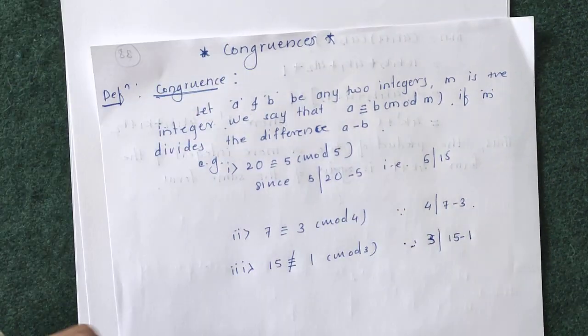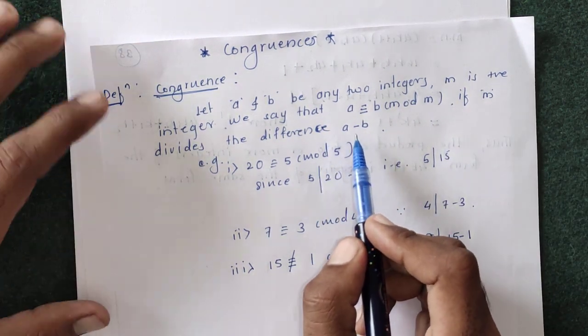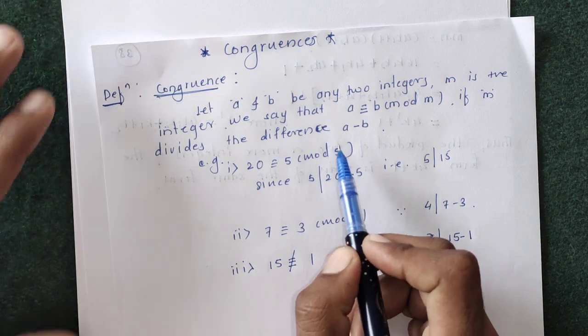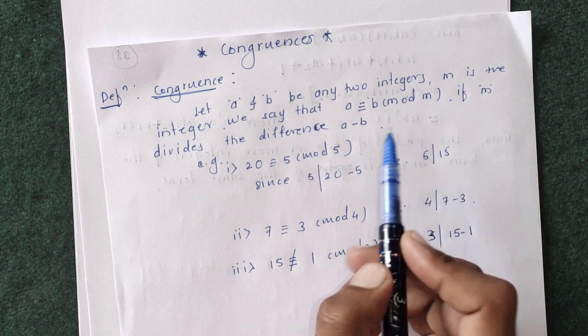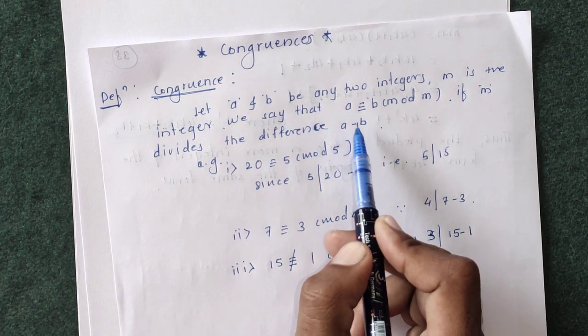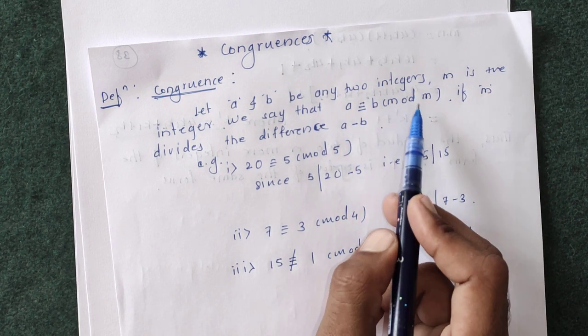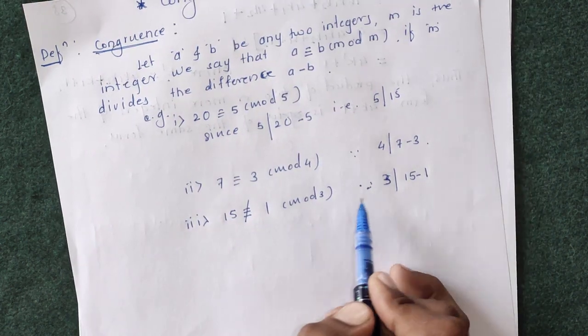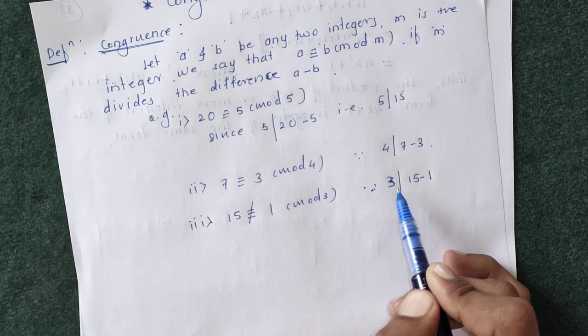So a is congruent to b mod m if the positive integer m divides the difference a minus b. And whenever m doesn't divide the difference a minus b, we say that a is not congruent to b mod m. This is the example.